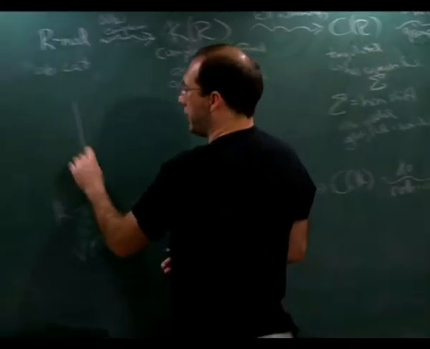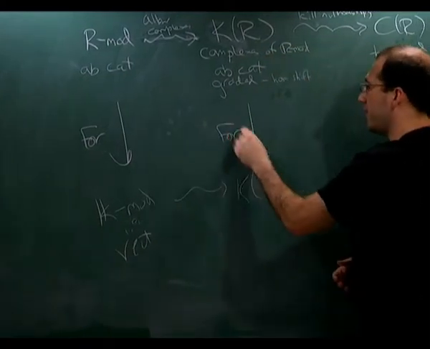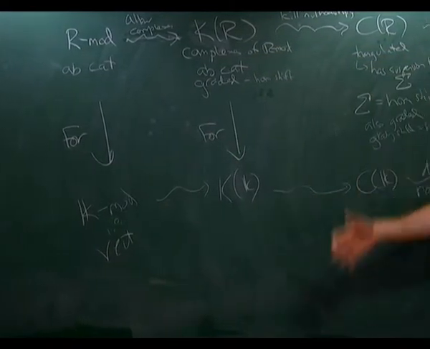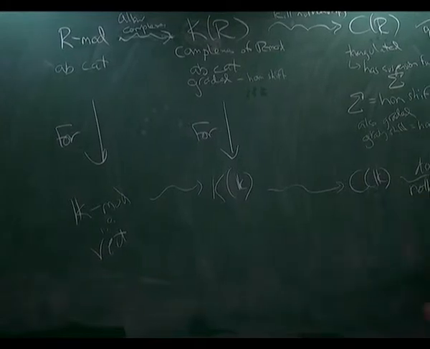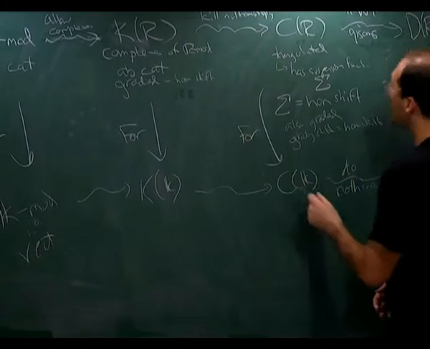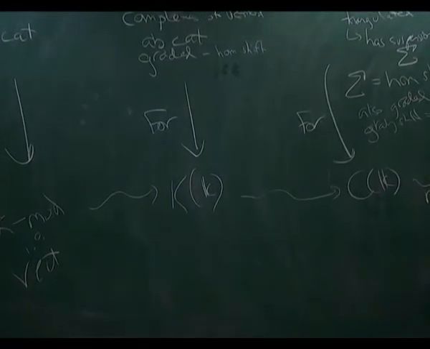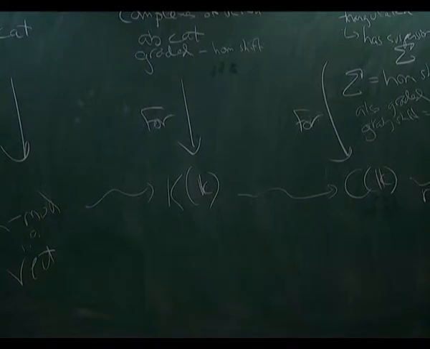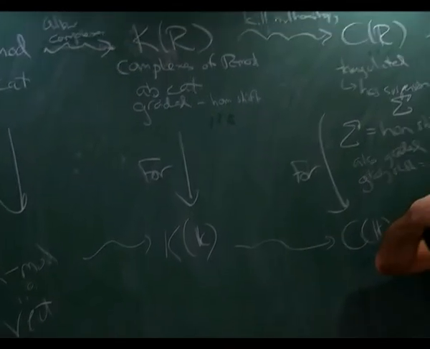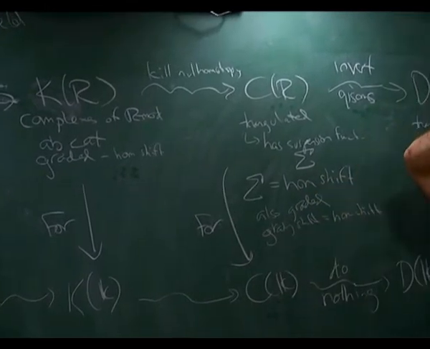Now we have a forgetful map, which just takes an R module and looks at its underlying vector space. And what it means to be a quasi-isomorphism is a statement that is purely understood on the level of vector spaces. The homology is a kernel modulo an image. This is a vector space.